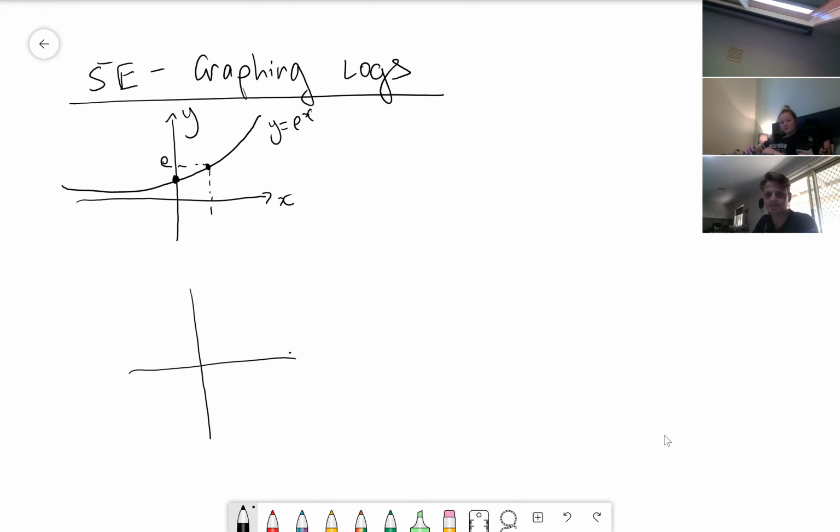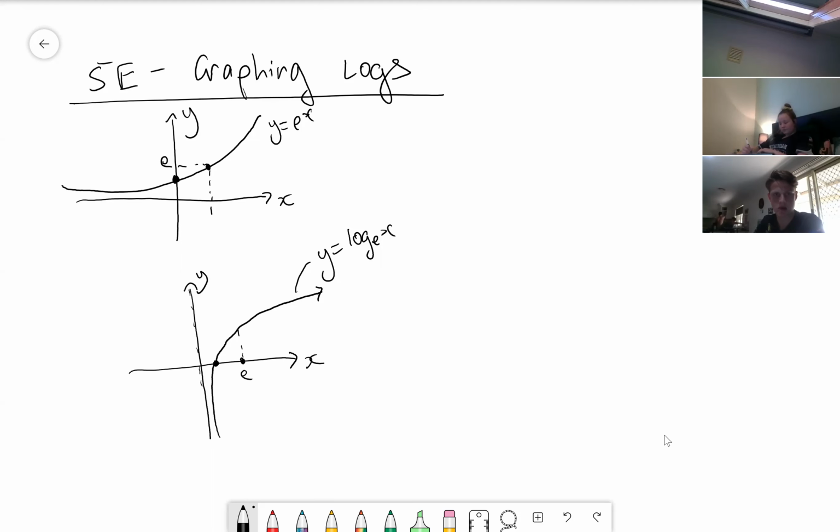So let's graph y is equal to log to the base e of x. What we get is a graph like this. It looks quite similar to the exponential graph, just transformed a little bit. But again, what we're going to look at is the asymptote, the x-intercept, and then a value here.